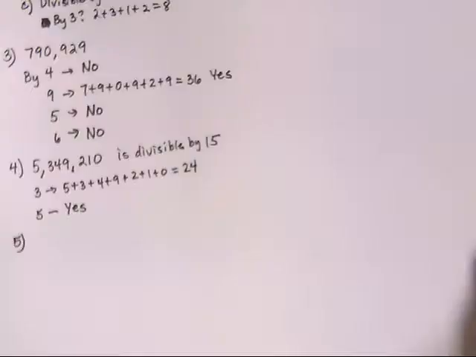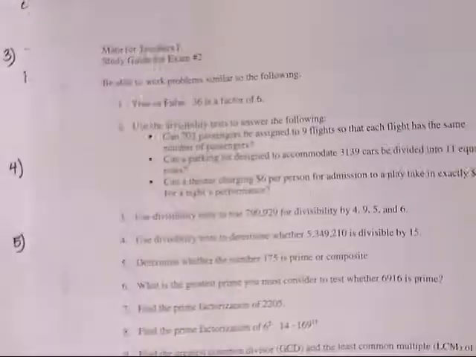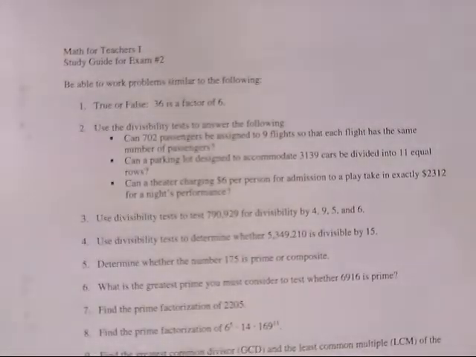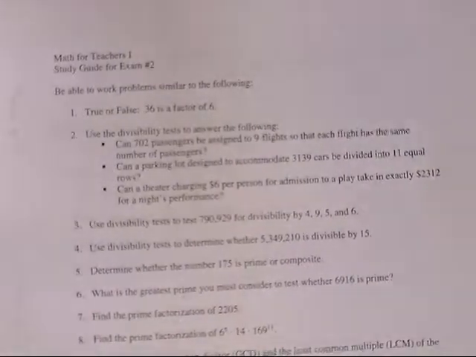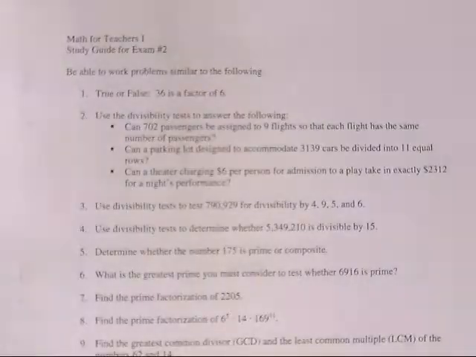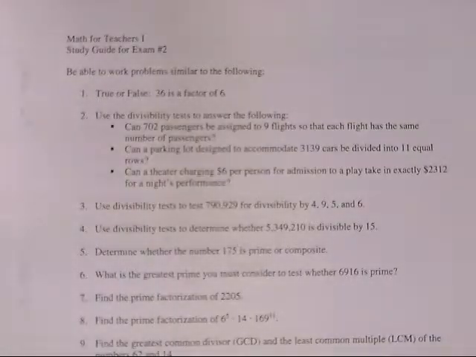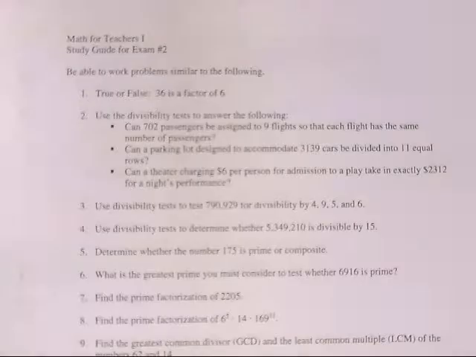All right. Number 5. Determine whether the number 175 is prime or composite. Prime means that you only have 2 factors, the number itself and 1. Composite means that there are more than 2 factors.